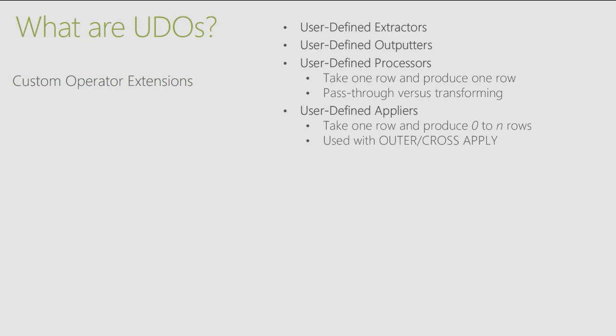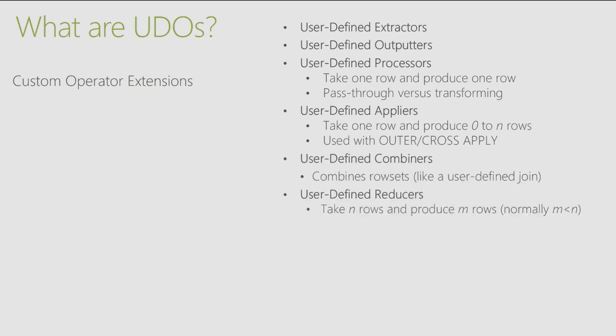You also have user-defined appliers, or what you will normally call user-defined table-valued functions, that take one row in and produce 0 to n rows. They're normally used with a cross apply or outer apply in your U-SQL statement. Finally, we have user-defined combiners that are like custom joins.